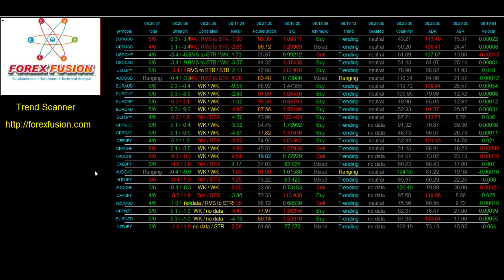So slicing and dicing the same thing and just using 10 different technical analysis indicators is not actually a robust way of looking at the market. For a robust view of the market, you need multiple uncorrelated points of information. And that's what the Forex Fusion Trend Scanner provides. The first column is strength.